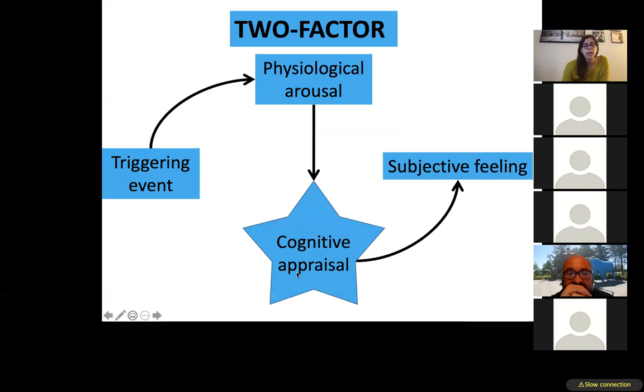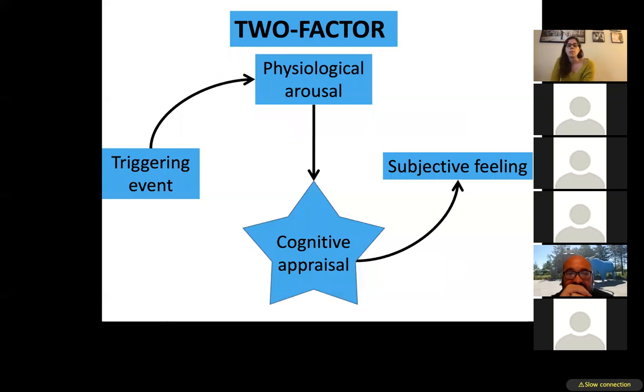But it's a little confusing because going back, we talked about the physiological arousal. You have a subjective feeling first sometimes. Sometimes it can be faster. But a lot of emotions, how they happen, especially if they happen all of a sudden, it's not just like I'm starting to walk down this dark path.